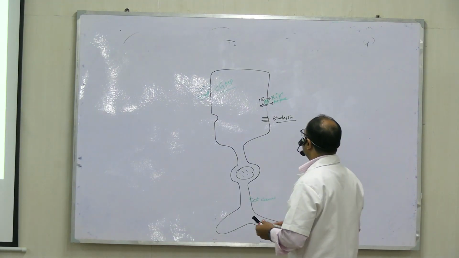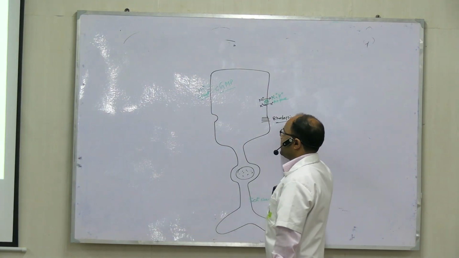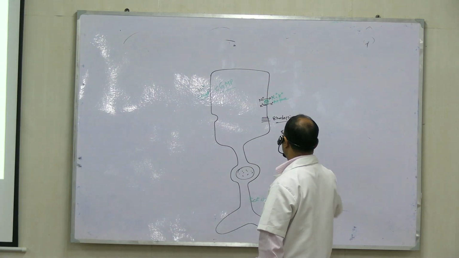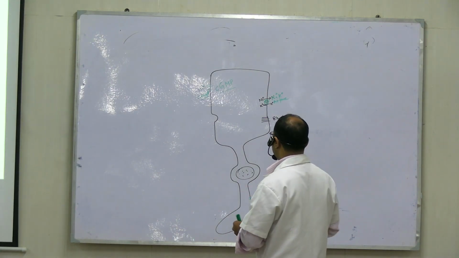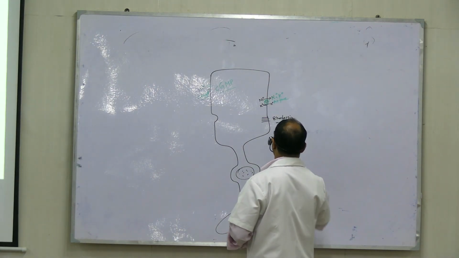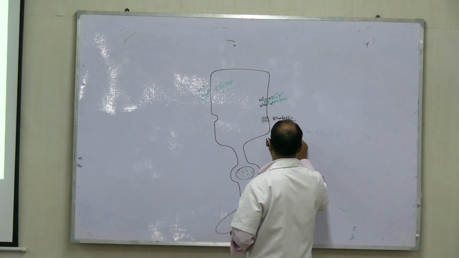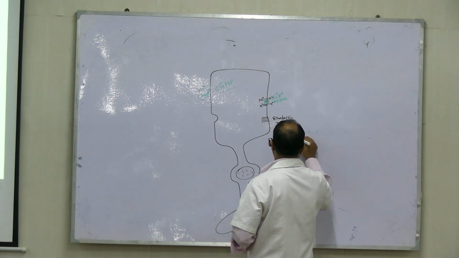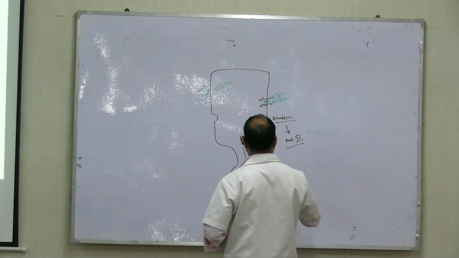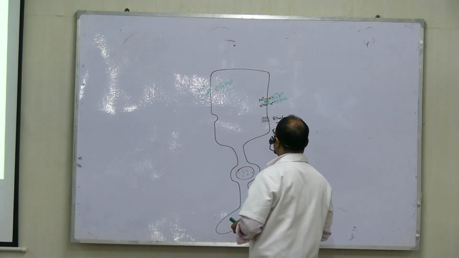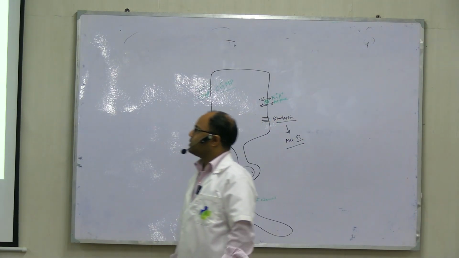When light hits rhodopsin, the rhodopsin is converted to metarhodopsin 2. This stimulates G protein.